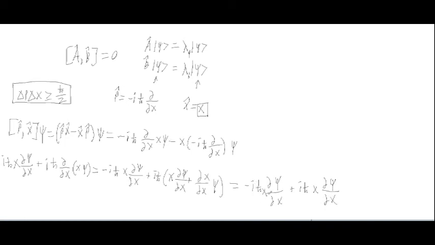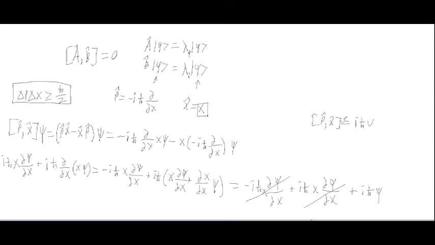You can see that this and this are going to cancel out, and so what you have left over is your plus i h bar psi. And so the commutator of our momentum operator with the position operator is equal to i h bar.